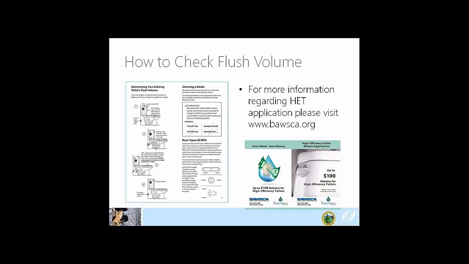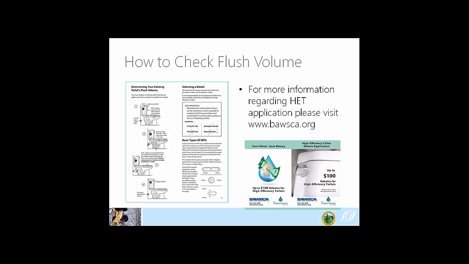To see how much water your toilet is using per flush, you can check the label at the base or on the side of your fixture, but older models might not have this label, and sometimes the label is inaccurate if your fixture is outdated.